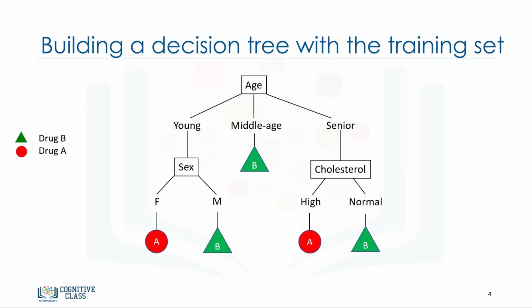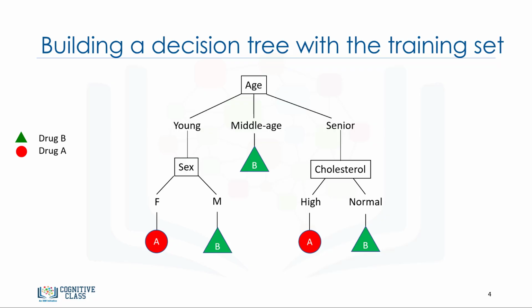Decision trees are built by splitting the training set into distinct nodes, where one node contains all of, or most of, one category of the data. If we look at the diagram here, we can see that it's a patient's classifier. So, as mentioned, we want to prescribe a drug to a new patient, but the decision to choose drug A or B will be influenced by the patient's situation.